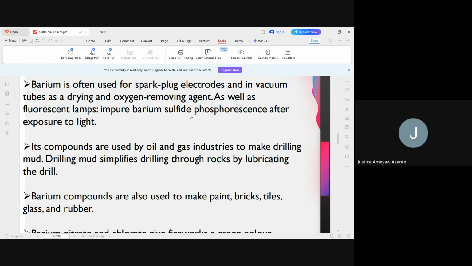So the oil and gas industries are going to drill into the rocks to get the natural products. So it is used there. And how is it used? It is used as a lubricant.